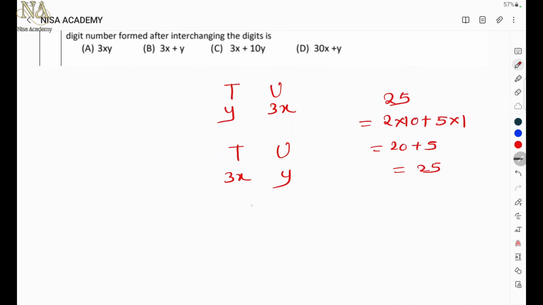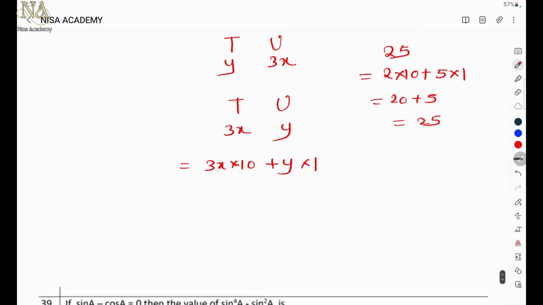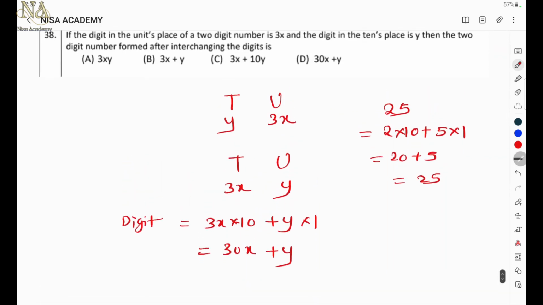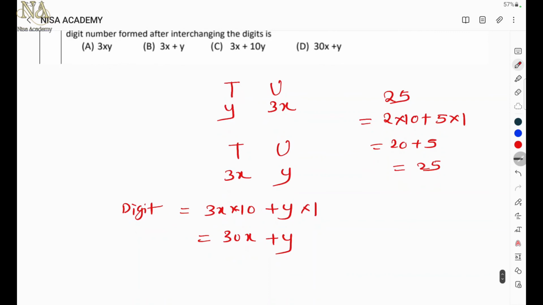So here it will be 3x into 10, plus y into 1, which is 30x plus y. So the number will be 30x plus y, which is option D.